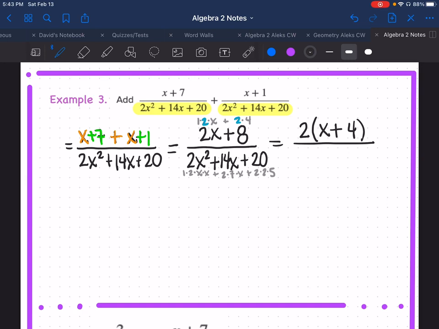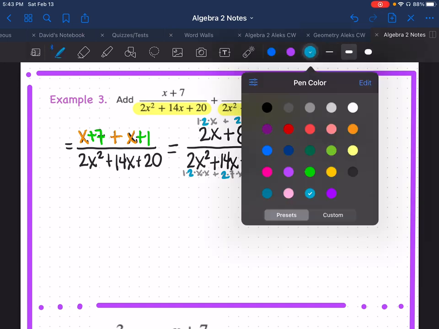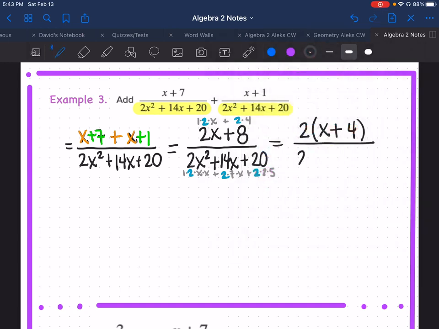All right. In the denominator, I can see that they have a 2 and a 2 and a 2. Now, notice that there's an x and there's an x, but notice there's no x. So can I take an x? No, I can't. They all three would have to give me an x for me to be able to take an x as a GCF, and so that means I can't. I can simply factor out the 2 in blue that they all have.